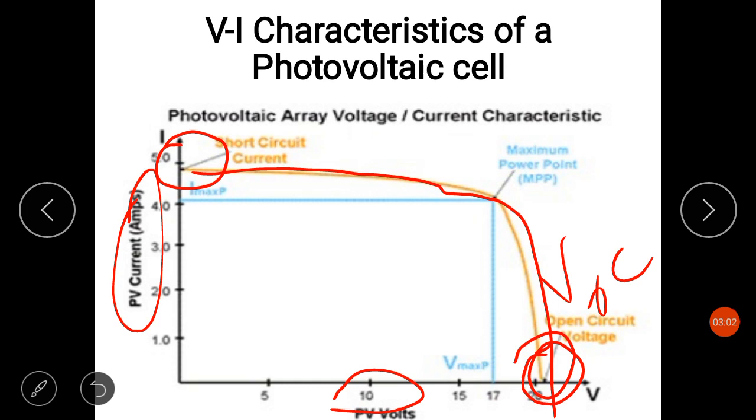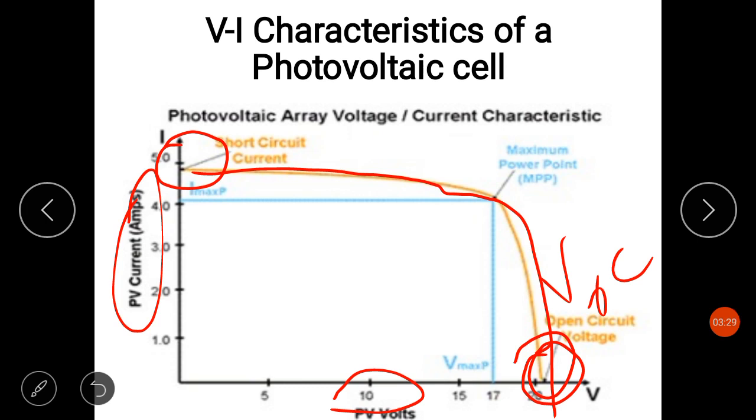Now, since the power delivered by a solar cell is the product of current and voltage, neither of these two conditions generates any electrical power. Which two conditions am I talking about? The maximum voltage available from a cell when it is open circuit, and the maximum current available when it is at closed circuit.